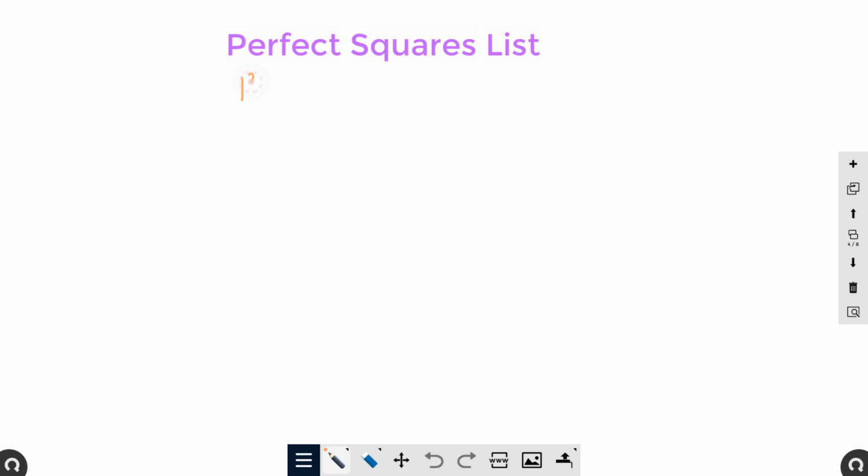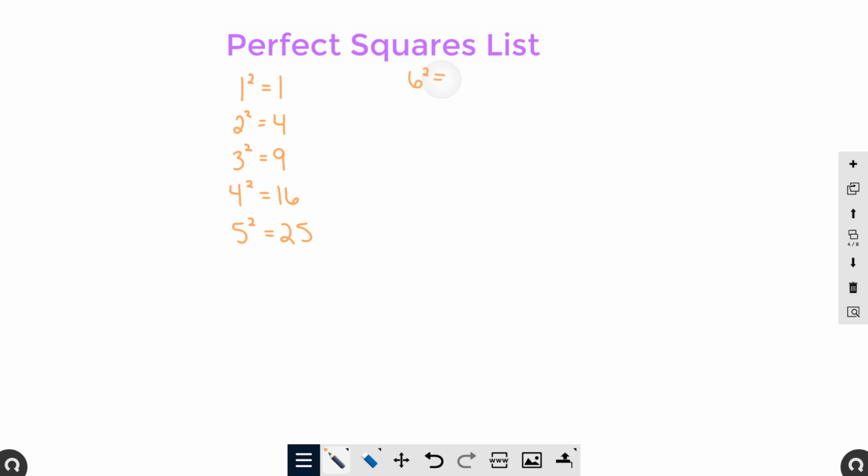So perfect squares are 1 squared, which is 1. 2 squared, which is 4. 3 squared is 9. And we want to make this list all the way to 15. So what is 4 squared? And what is 5 squared? Good.